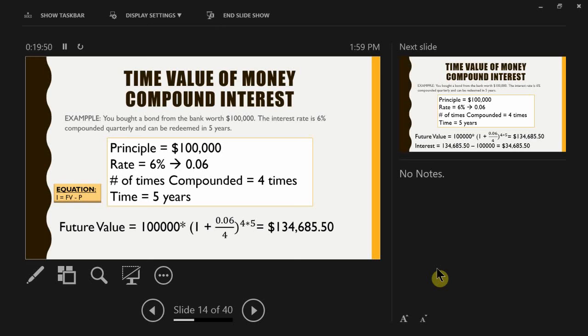My head hurts. Yes. This is calculated for the entire 5 years. So in 5 years, when I go redeem my bond, it's going to be $134,685. All right, and then how much is my interest?